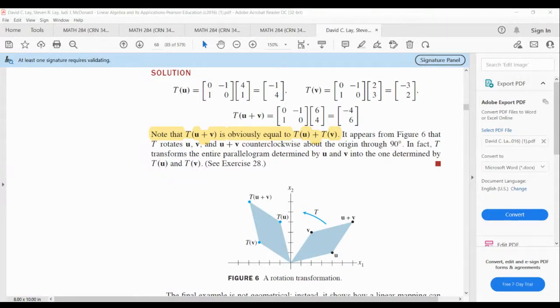And if you look at the vector v and the transformed vector v, what's the angle between those two vectors in the picture? Good, Belen. Also 90 degrees. So that's why they call this a rotation transformation.